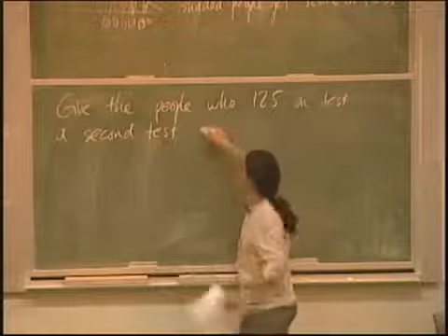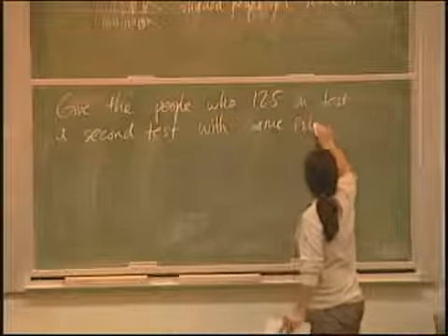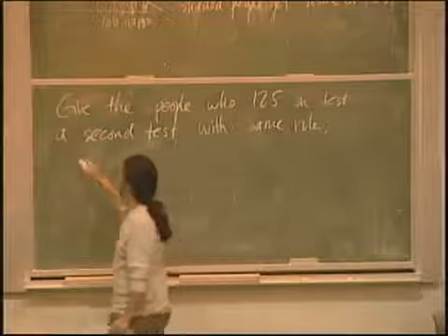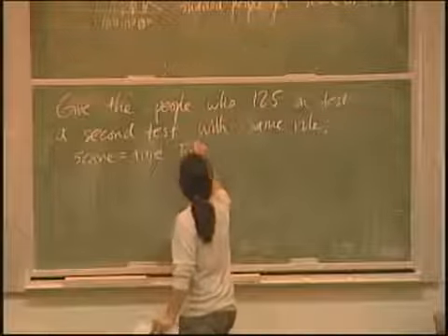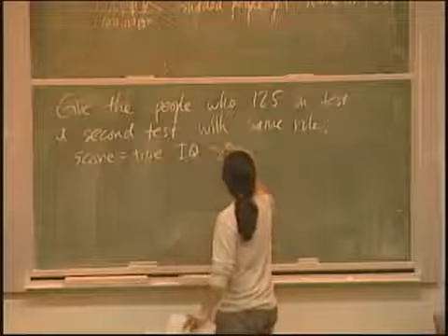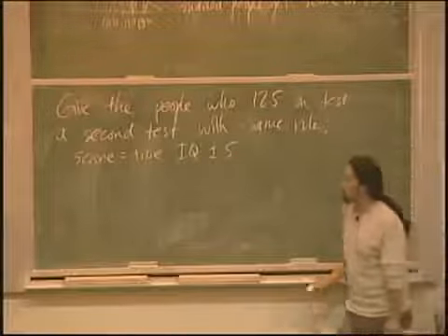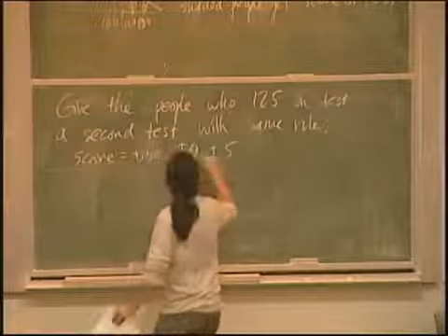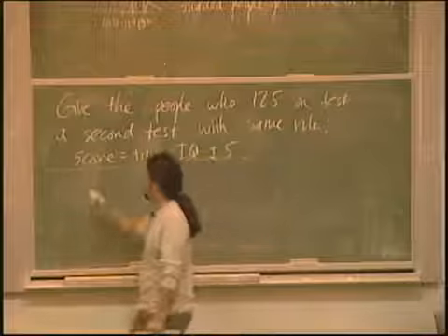With the same rule, okay? Your score is equal to true IQ plus or minus 5, okay? So now what scores should you expect to see?